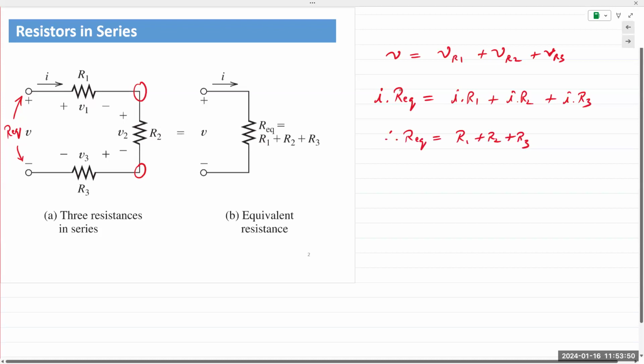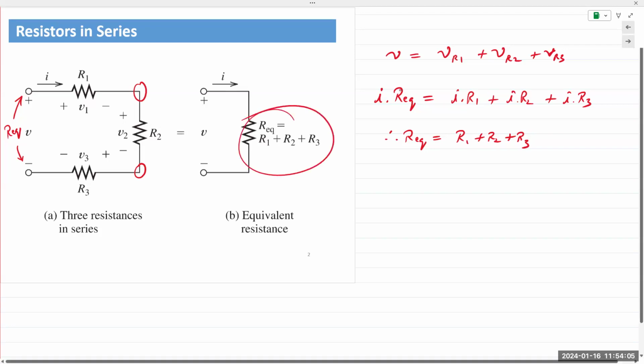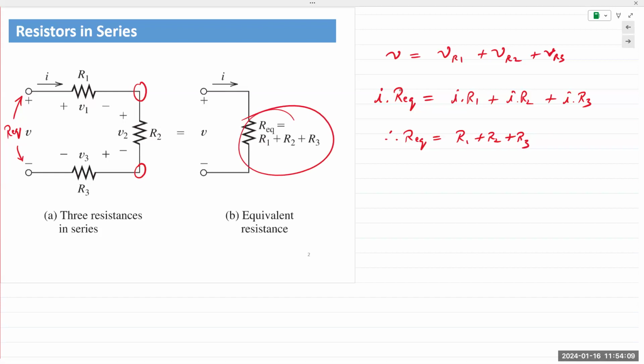The derivation is not important. I don't expect students to memorize this. I don't expect you to write it out step by step. As long as you understand it, and as long as you know the resistors in series simply sum up or add up. So the total equivalent resistance for REQ is R1 plus R2 plus R3.